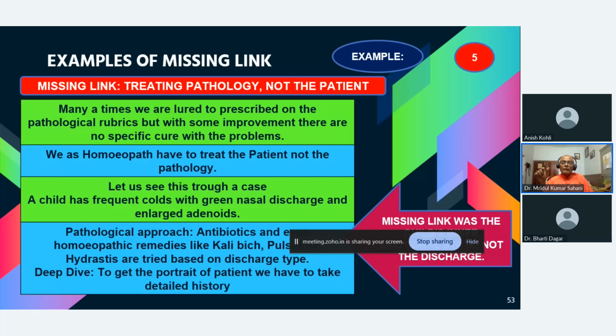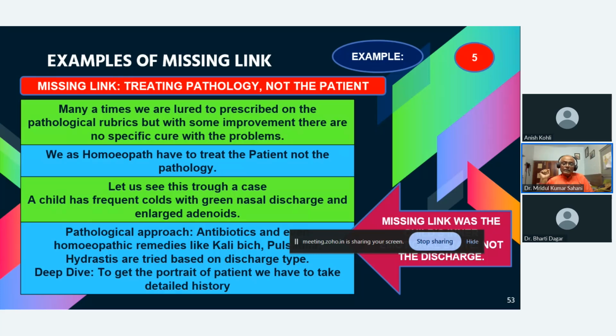When you look only at the pathology and not at the patient, you cannot get the right remedy. Many times we are lured to prescribe pathology rubrics, but there is only some improvement and no specific cure. We as homeopaths have to treat the patient as a whole, not the pathology. Let us see this through a case.